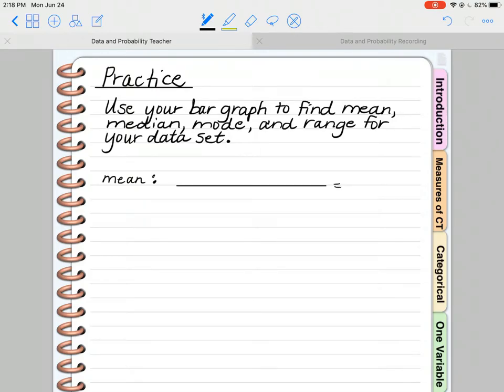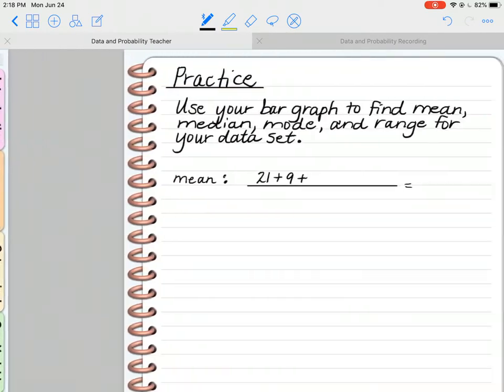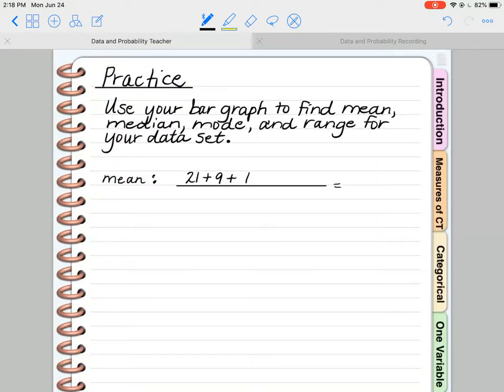So we need to add up Jared and Sean. And who was our next? Ellen, Helga, and Franco. And that is 5 people on the cheerleading squad.